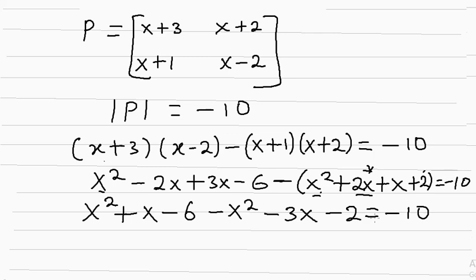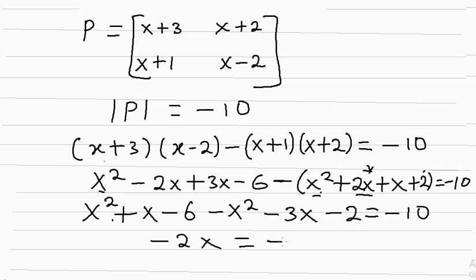Collecting terms now: x squared minus x squared is 0. Then x minus 3x gives me minus 2x. Minus 6 minus 2 is minus 8.